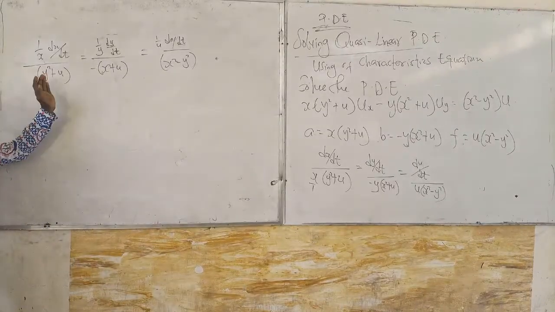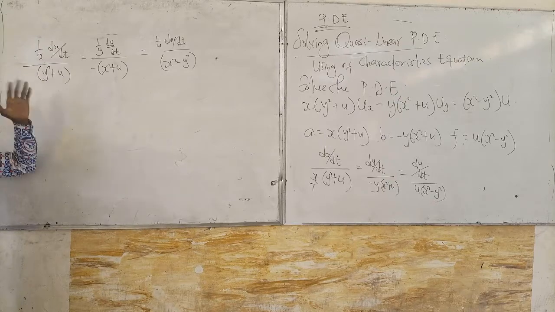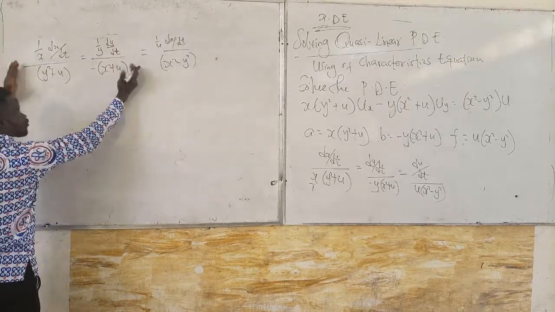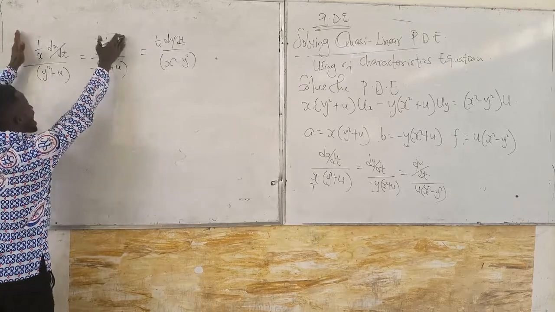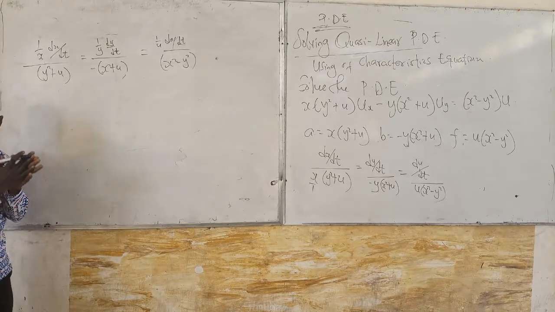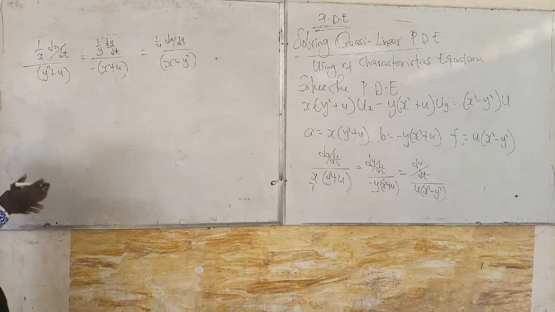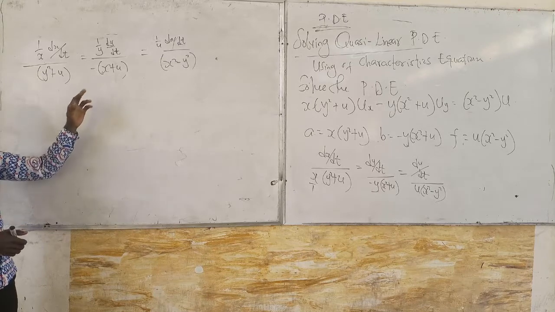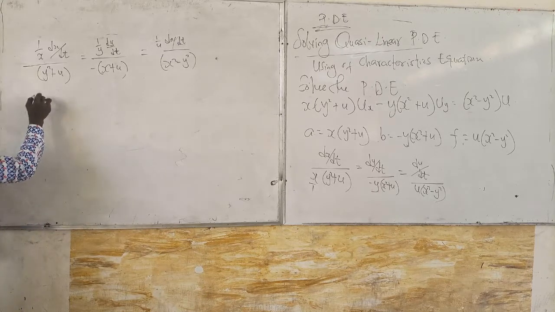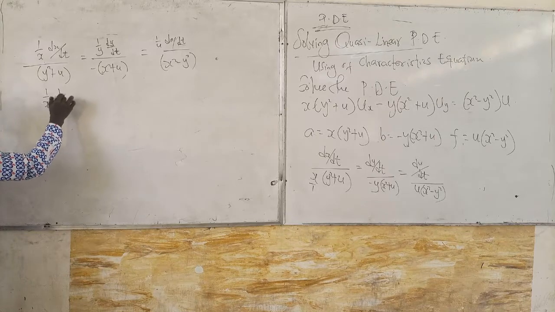From here, we want to use the equivalent statement, forget about this. We are using the equivalent statement here to add the numerator and the denominator. The reason is that we want the u to go. So now we can add this.